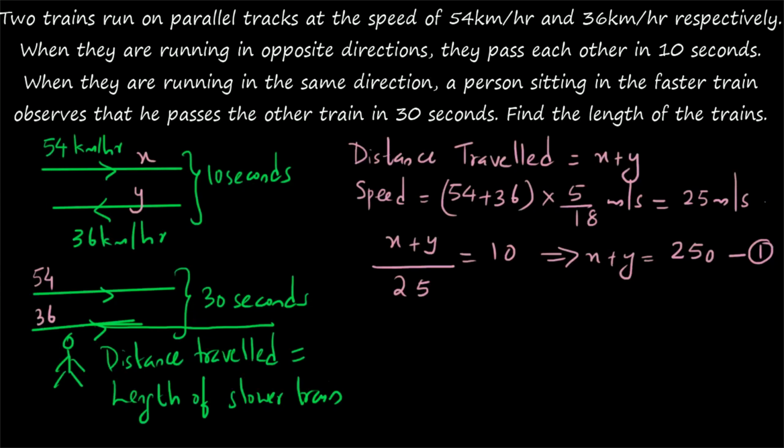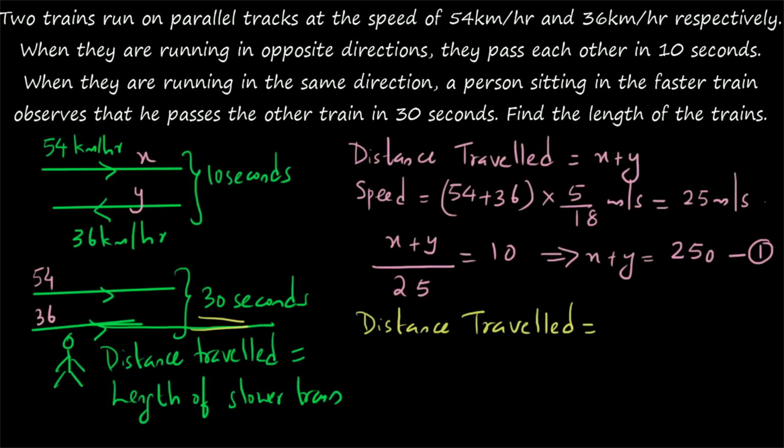Now second case, what is happening? It is a case of moving in the same direction, and here what will be the distance travelled? Distance travelled is not x minus y. There is a reference point. A man sitting in the faster train is crossing the slower train in 30 seconds. The time taken is with reference to a person sitting in the faster train.